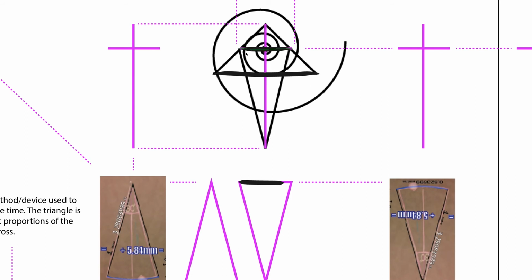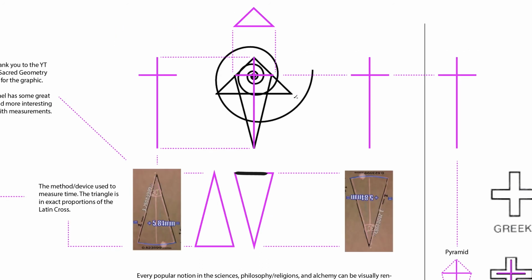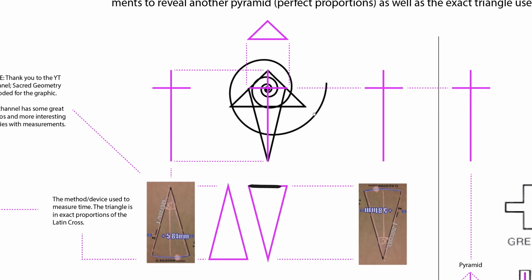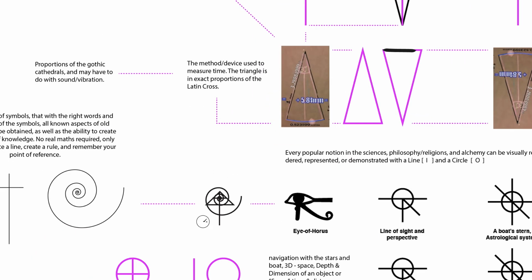And just to back up a little bit, this is the exact proportions of the pyramid, and it happens to fit perfectly both with the Latin cross and the patriarchal cross without any inference from myself. So even if you don't accept the swirl or the golden ratio, or the golden mean, golden proportions, which is how that's referenced, that's fine. I still think that this is too coincidental to be overlooked right away.